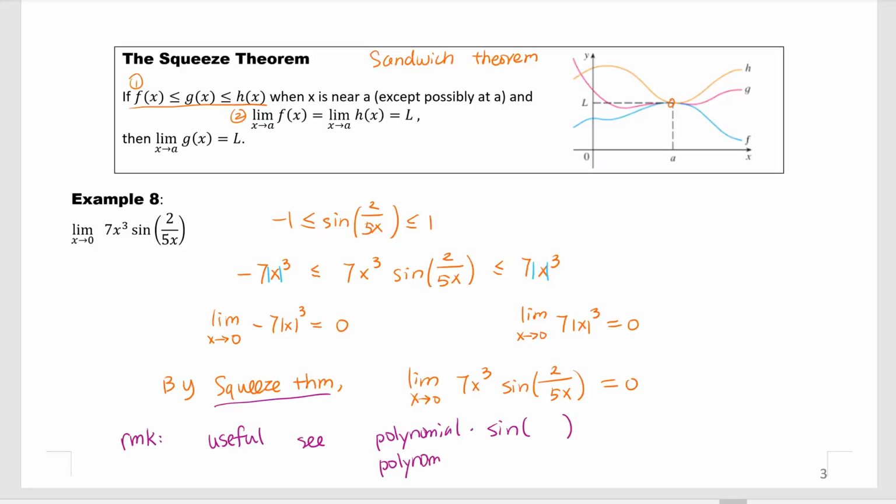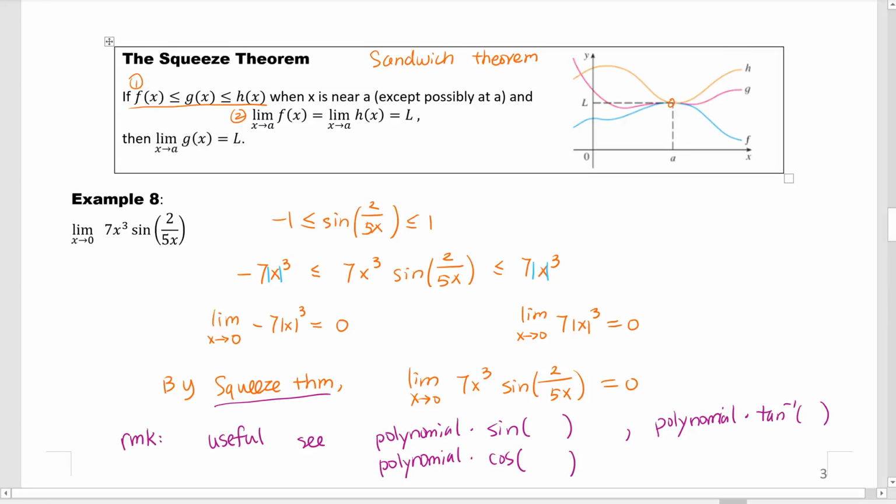It's not necessarily a polynomial, it could be any power function, times cosine, because sine and cosine are always bounded between -1 and 1, and then you multiply by the power function or polynomial, and the steps are very similar. And maybe one more: a polynomial or power function times arctangent. Arctangent is also bounded, not between -1 and 1, but between minus pi over 2 and pi over 2. So it's also bounded between two numbers. They're useful, so think about the squeeze theorem in that case.